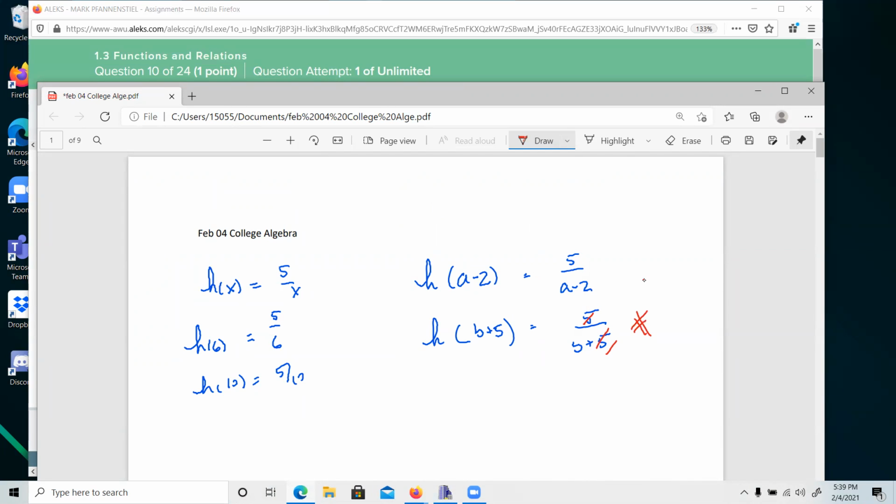And you can't do that. You can't pull apart the denominator like that. It's got to be times.